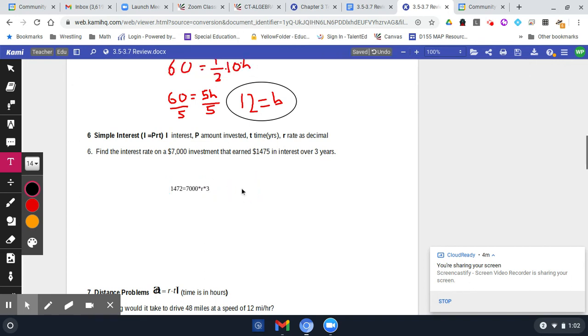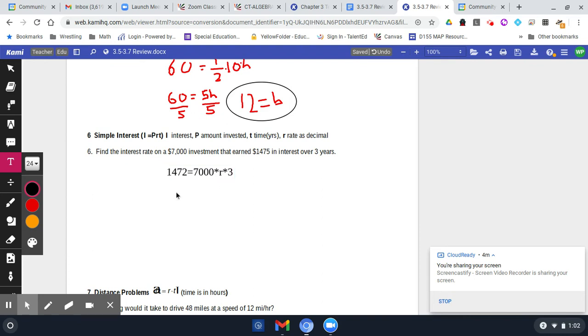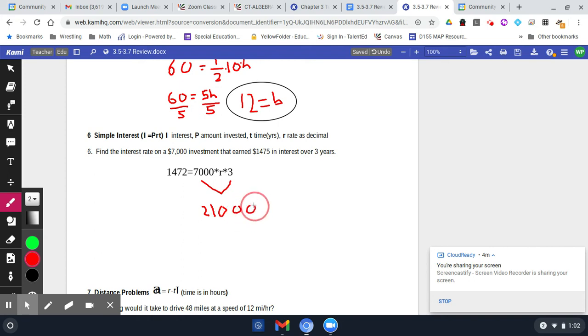Okay, so that's kind of like what our formula is like, because all we're doing is multiplying those three numbers together. So what we need to do first is simplify these two by taking 7 times 3, which is 21,000. 21,000 R equals 1472.